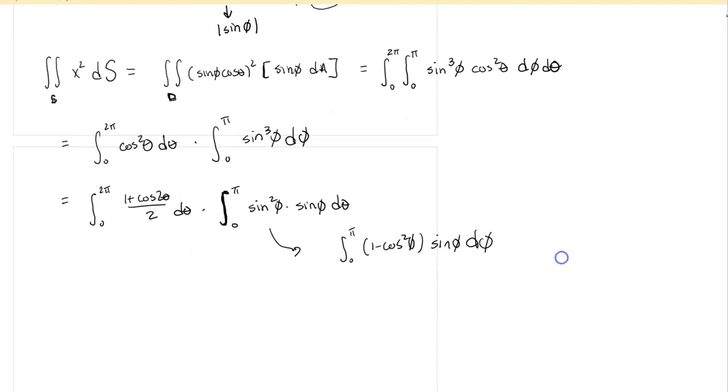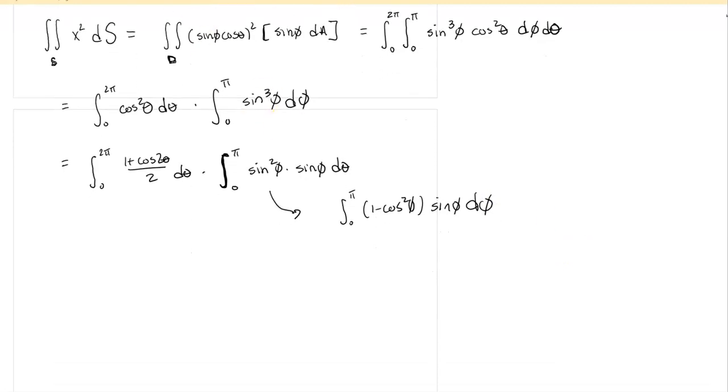and then we get to do substitution there. So I'll do the first one in red. That is going to be theta over 2 plus sine of 2 theta over 4, evaluated from 2 pi and at 0, and we're going to multiply that to here. I guess I can use u substitution here.